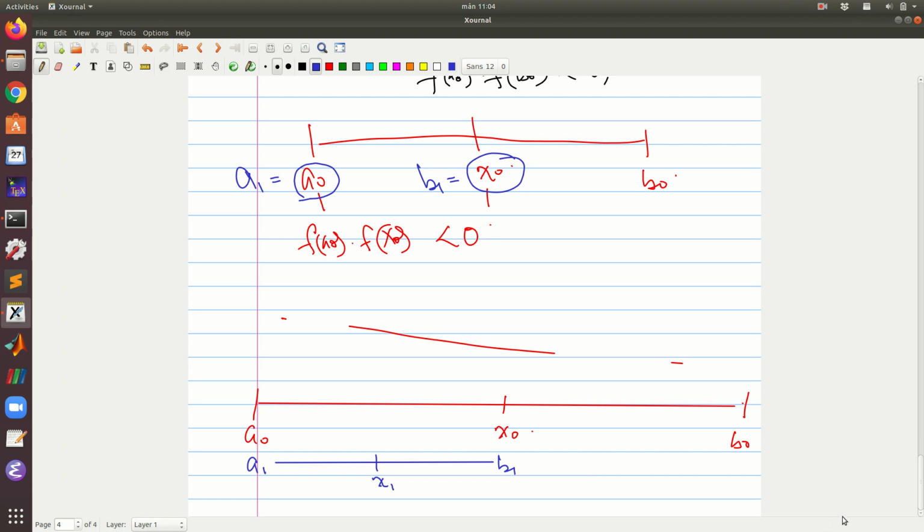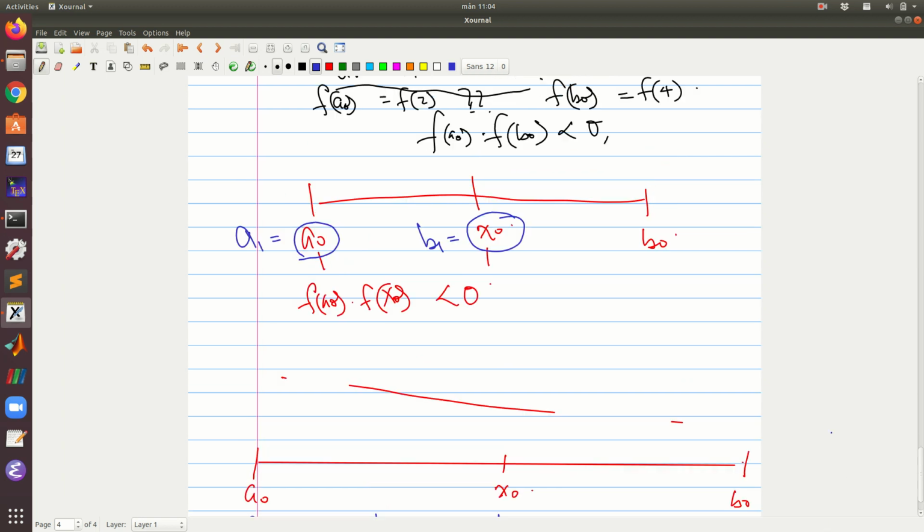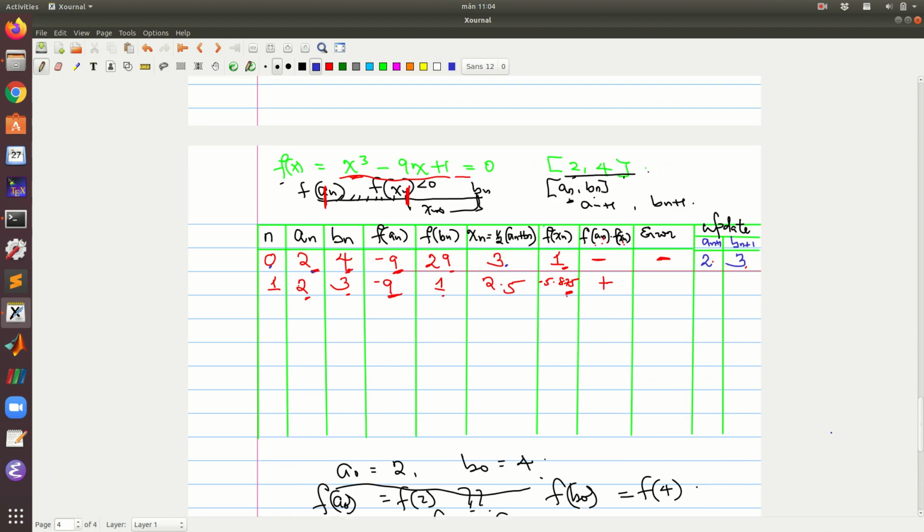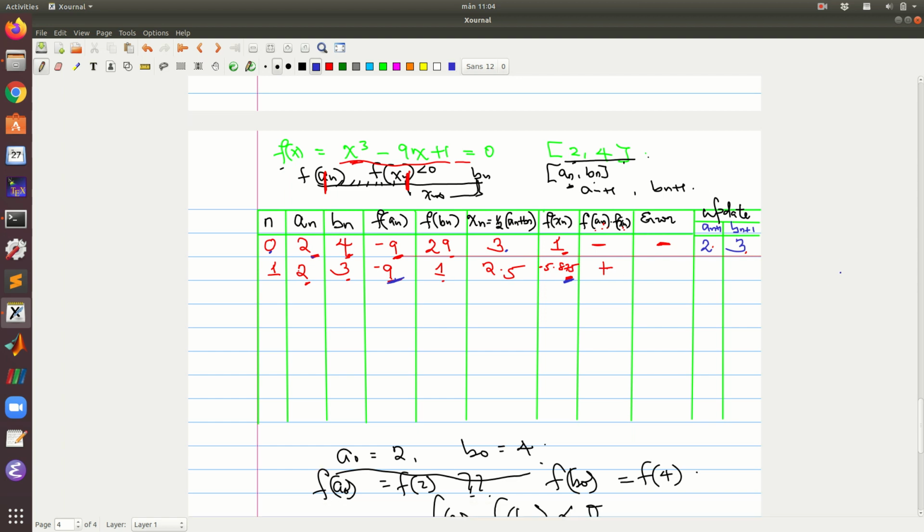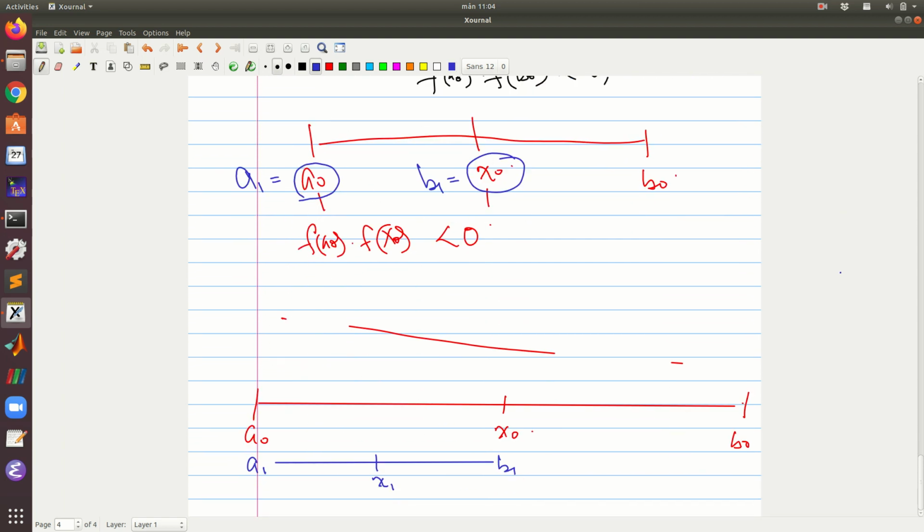This is where we are, and now we have found that the product of a1, this one here, and x1, this one here, is positive. Okay, so we have found out that the product of f of a1 times f of x1 is positive.